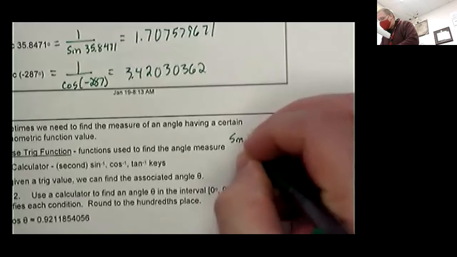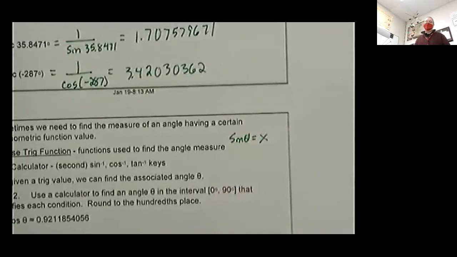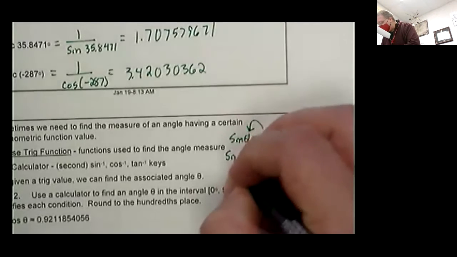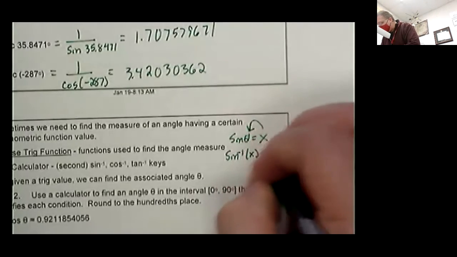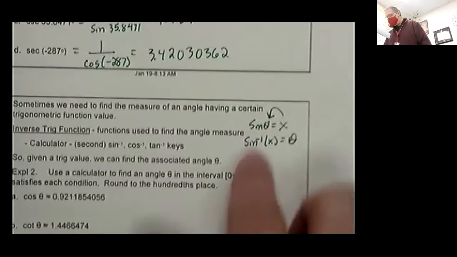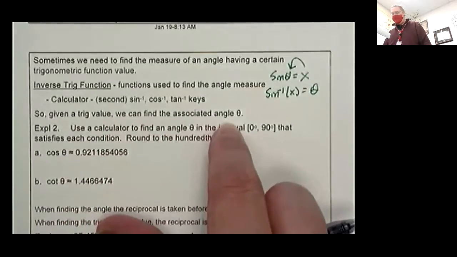Where sine of theta is equal to some number x, now if we have the number x and we want to go back and find theta, then we're going to do sine inverse of x. It's going to give us our angle measure theta. This is an inverse function, like we looked at the end of college algebra. We flip it. So that's what the inverse means.